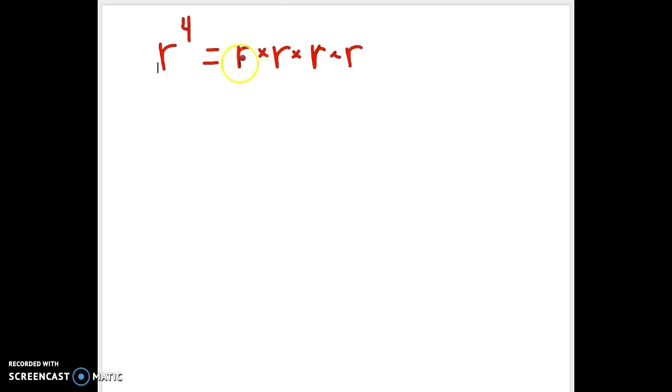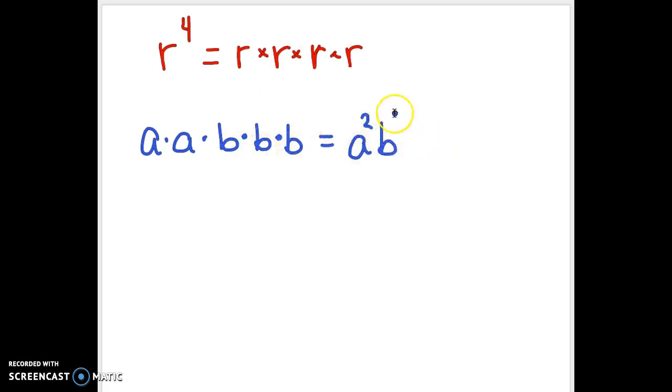If I wrote out the problem A times B times B times B, and you had to write your answer using exponents, look at your A's. I have A times A. There's 2 of them, so that would be A to the 2nd power. And then the B's, I have B times B times B. There's 3 of them, so that would be B to the 3rd power. So A squared, B cubed.